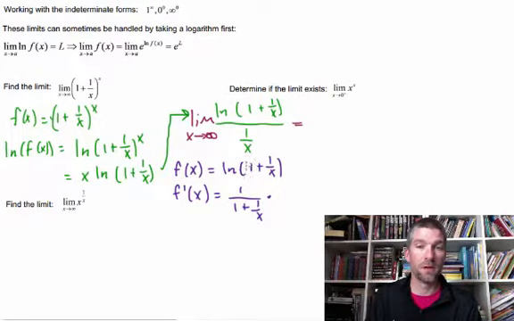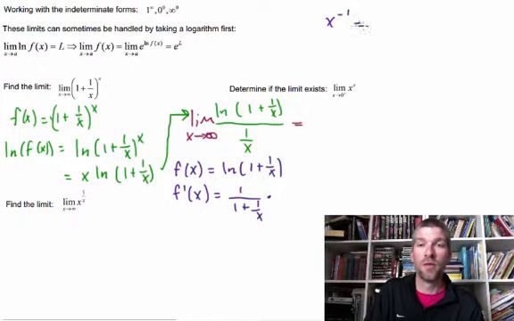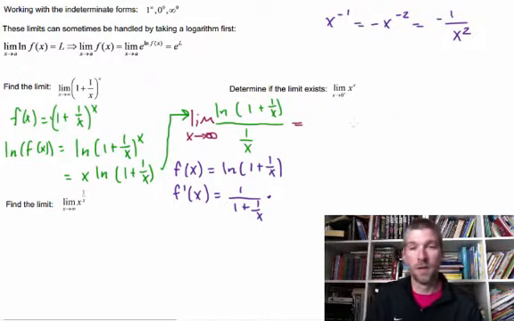Well, the derivative of 1 is 0. The derivative of 1 over x, let's just revisit that real quick, is negative 1 over x squared, or negative x to the negative 2. So what I've got here is times negative x to the negative 2.